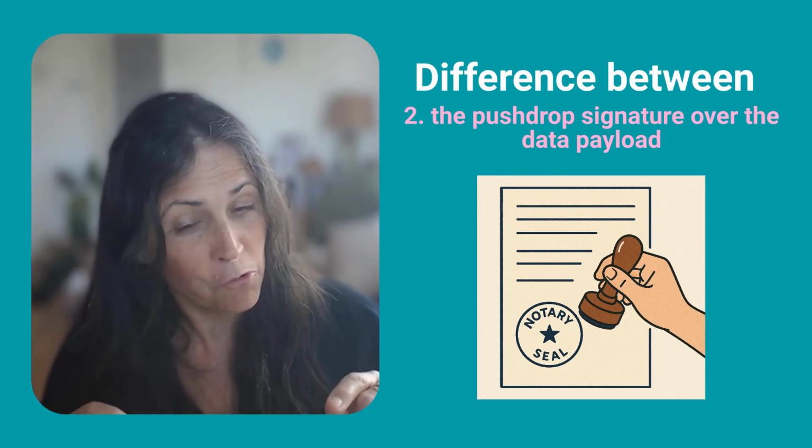And then the even cooler thing is that the key that you use to sign that data payload can be tied back to a BKDS-derived address. I've done another video on BKDS. It's BRC-42 and 43 actually.